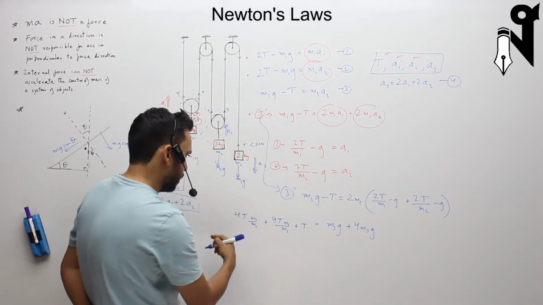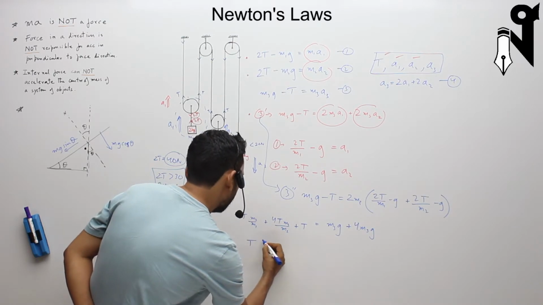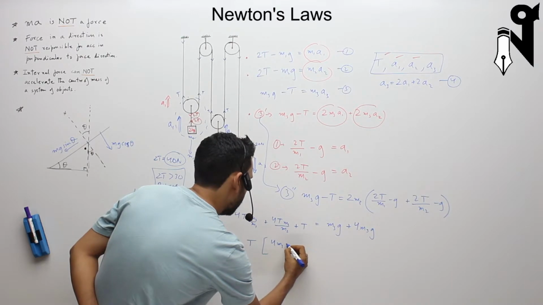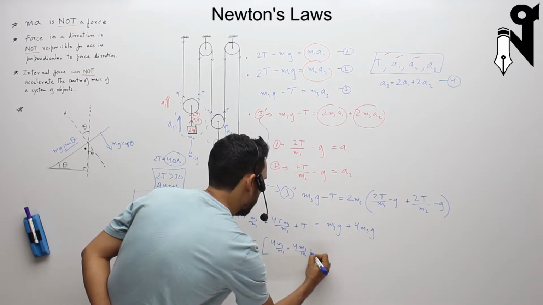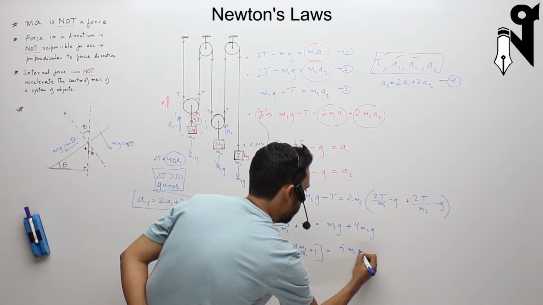So what we are getting over here is all T common. We have 4 m3 by m1 plus 4 m3 by m2 plus 1 is equal to 5 m3g.